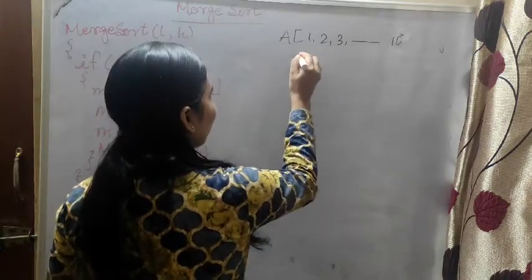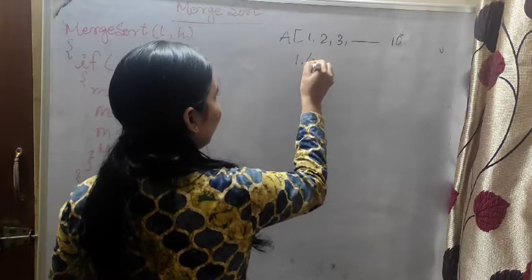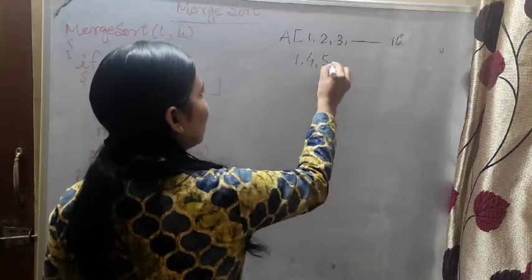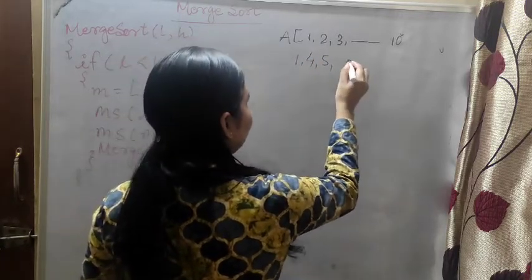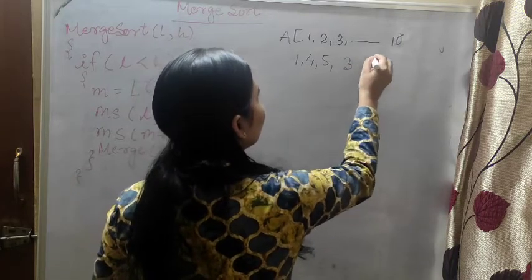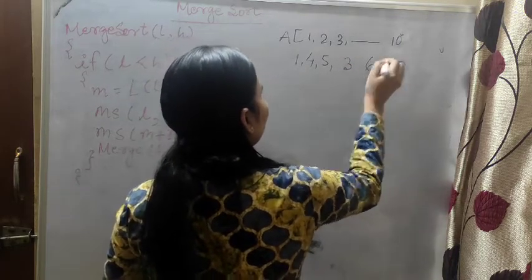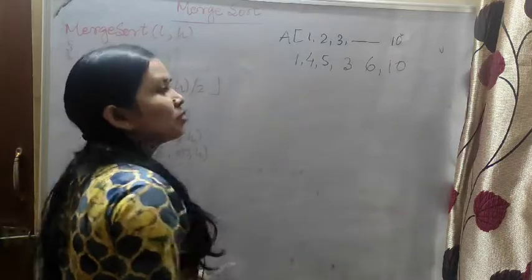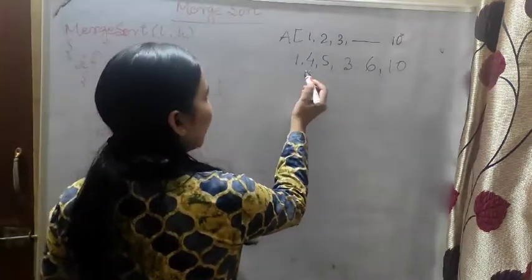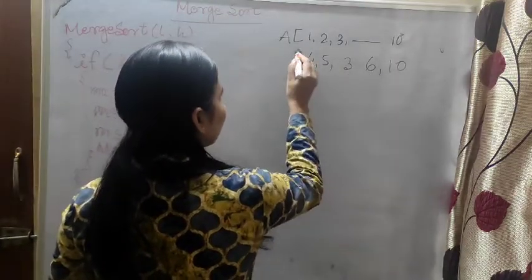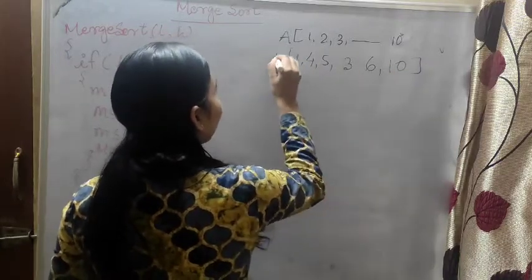Suppose I am taking 1, 4, 5, 3, 6, 10. I am taking only an array of length 6: 1, 2, 3, 4, 5, 6. Suppose these are the array elements.